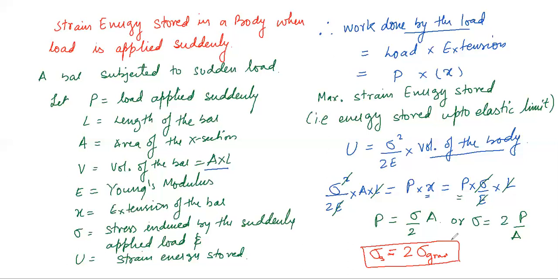Therefore, we can conclude that when strain energy is stored in a body due to load applied suddenly, the stress developed in that body is twice the stress developed in the case of gradually applied load.